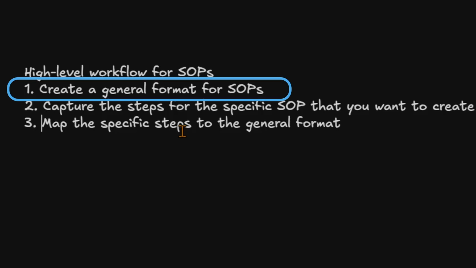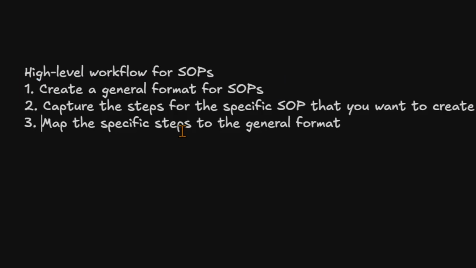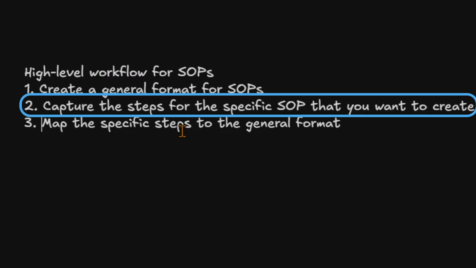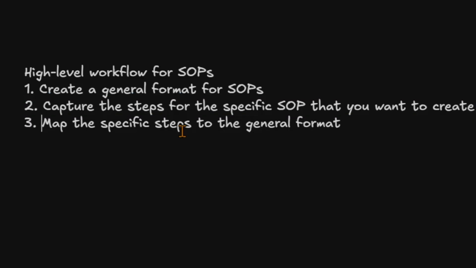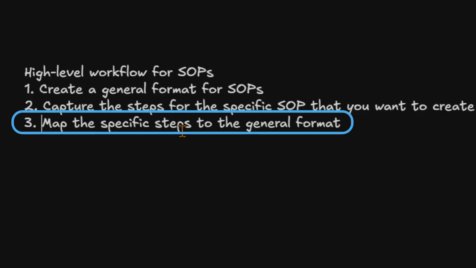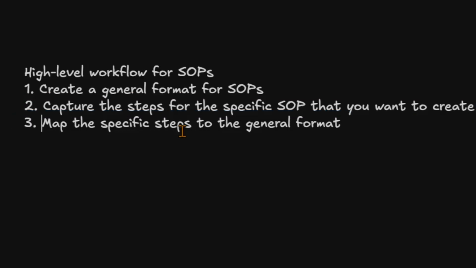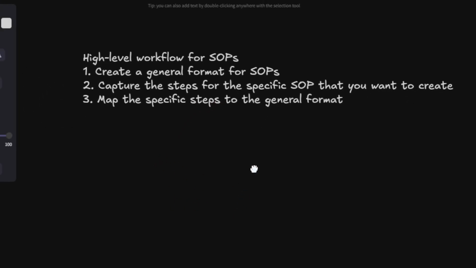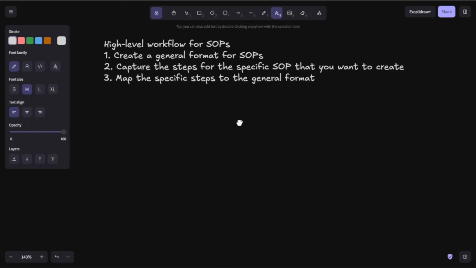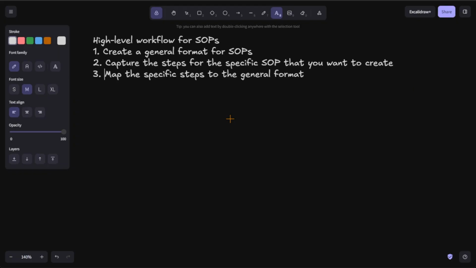You need a general format for your SOPs. You need to capture the steps for the specific SOP that you want to create, and then you just map the specific steps to the general format. I know it sounds really easy when you say it that way, but that's really all you have to do. Now, each of those steps have sub-steps, so we'll talk about those, and then we'll look at ChatGPT, and then we're done.